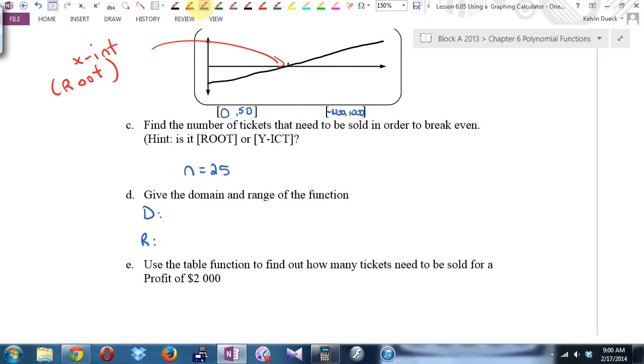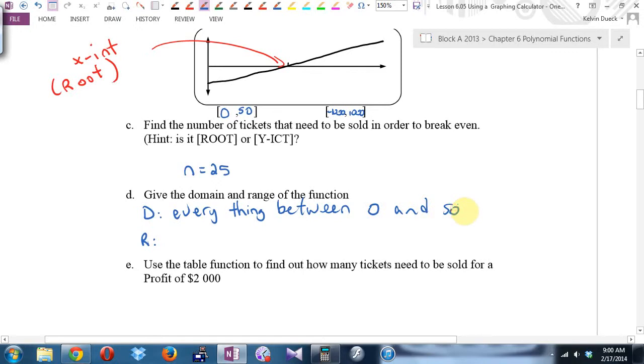Well, don't write this down. That's what I want to say for my domain, but that's way too much writing. So I'm going to erase that. How could I write that? Well, you may have learned way back in Math 10 that you could go like this. 0, 50, touching, and touching.